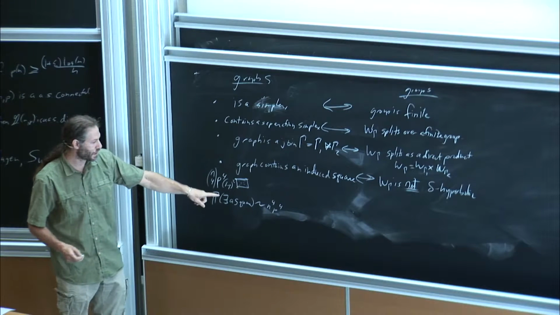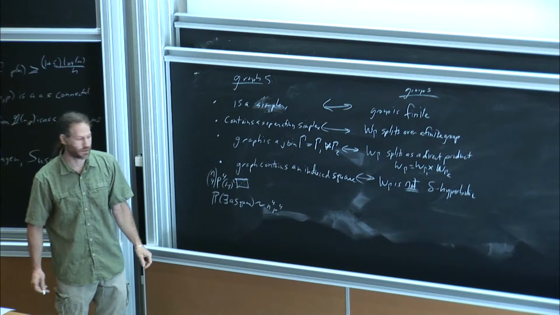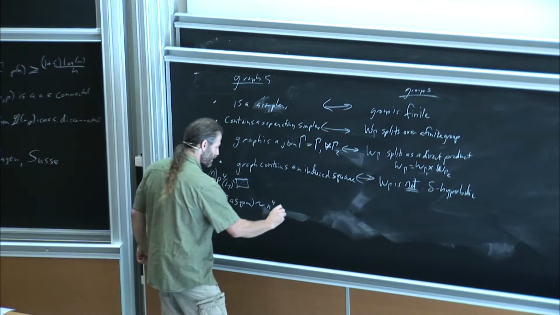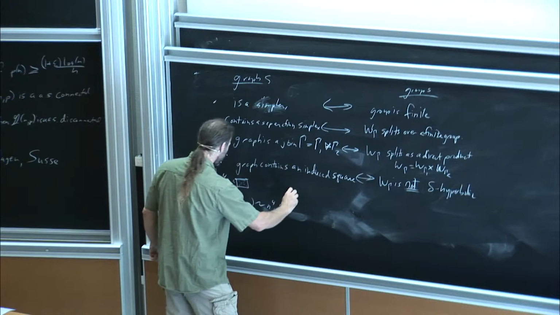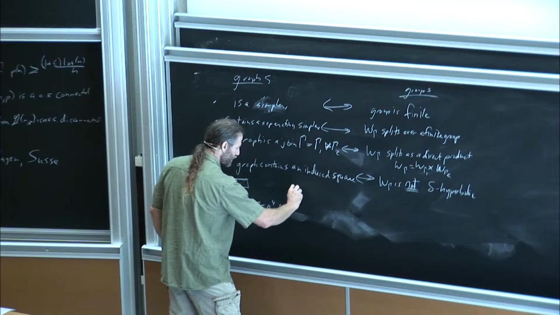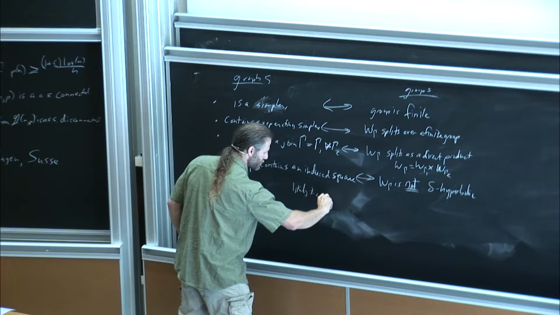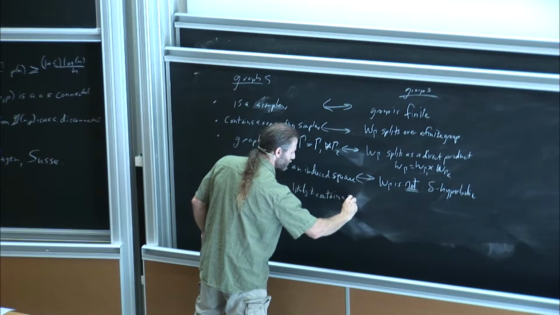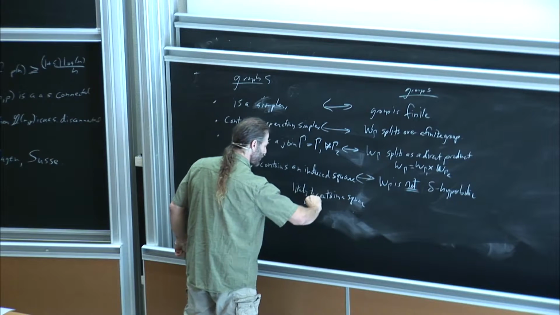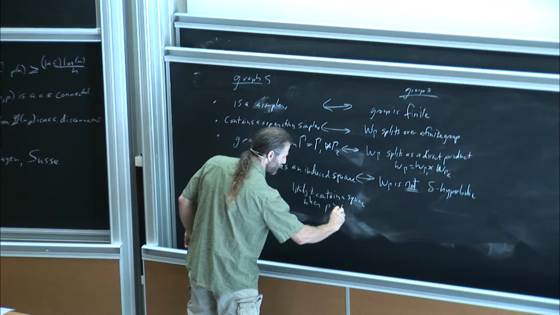So you can see that this happens whenever p is bigger than 1 over n. So you're likely to contain a square when p is bigger than 1 over n.